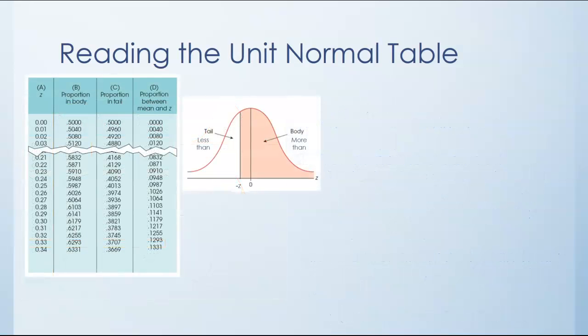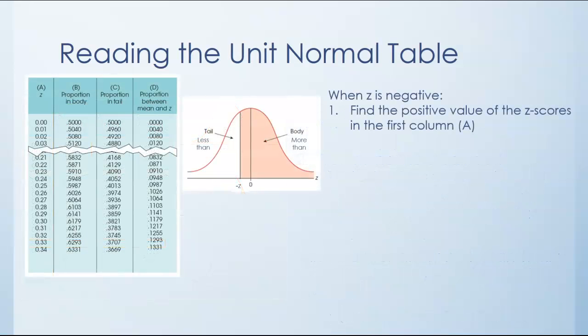Okay, so what if it happens to be a negative value instead of a positive value? What's going to happen is we're actually going to switch the body and the tail of this problem. We're still going to find the z-score in the first column, ignoring the negative. So you'll just find the positive value of the z-score, whatever it happens to be.